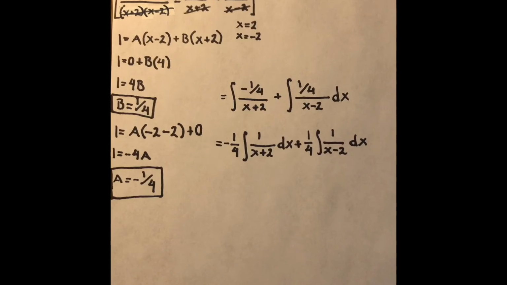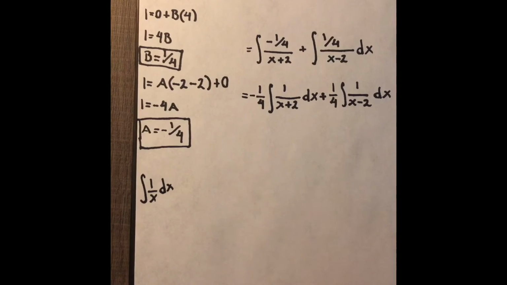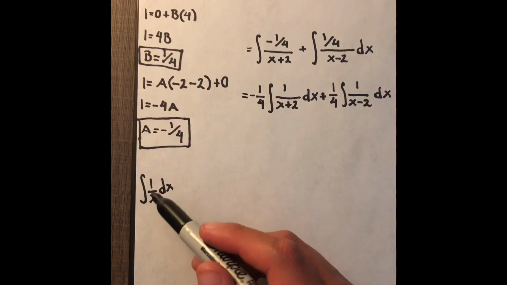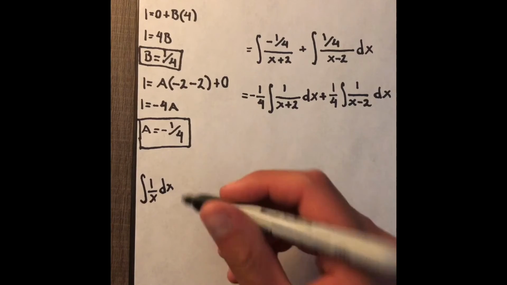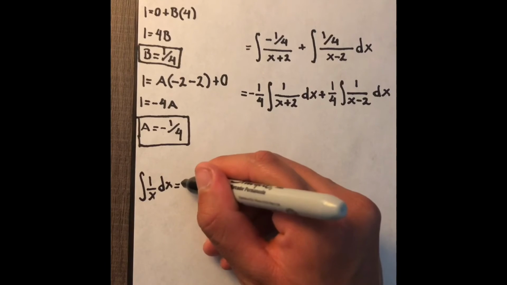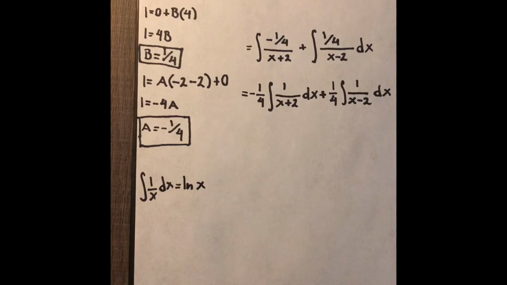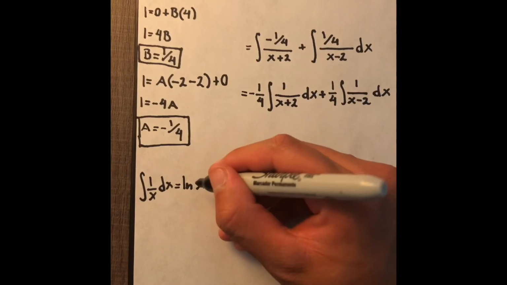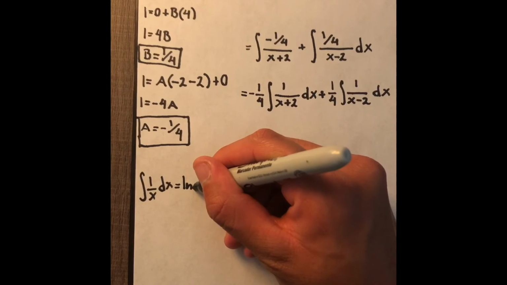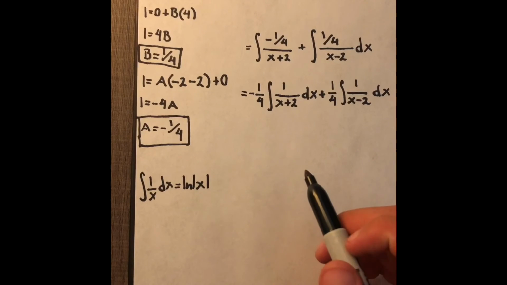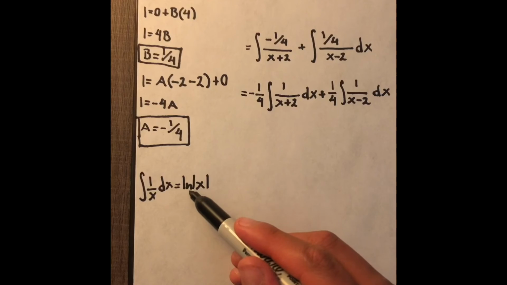So now we're going to talk about how we can integrate these rational functions. For this, we have to take into account that the antiderivative of 1 over x is equal to ln of the absolute value of x, and we have to use the absolute value symbol because we can have a negative value inside a natural log function.